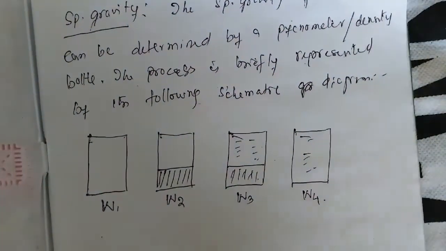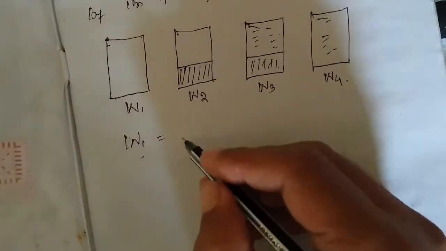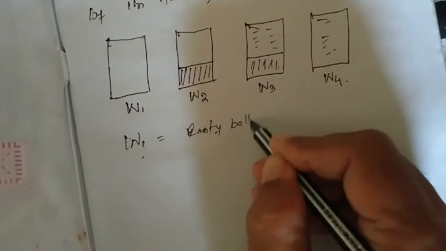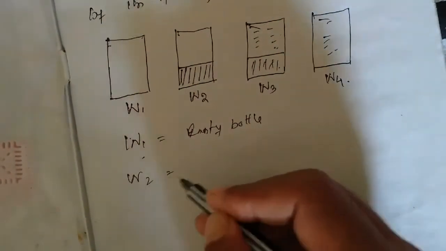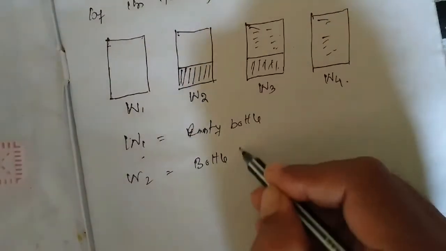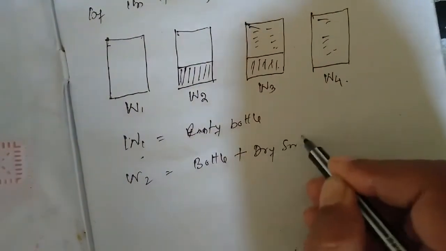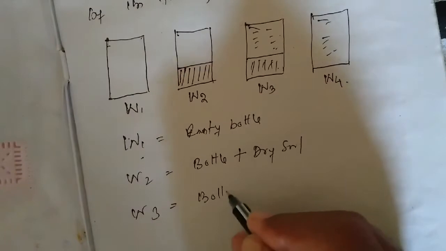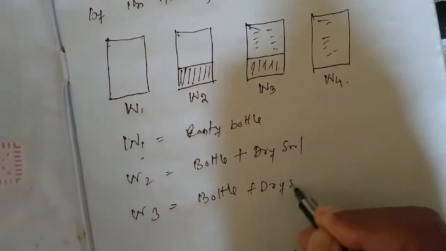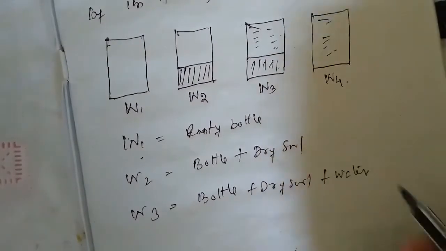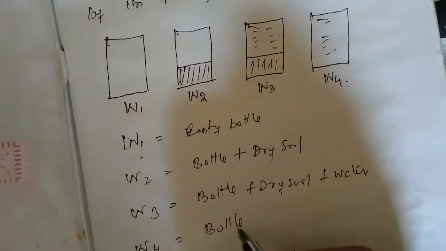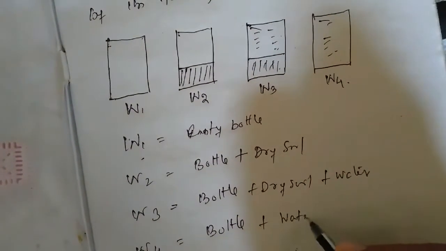Now, W1 is empty bottle, W2 is bottle plus dry soil, W3 is bottle plus dry soil plus water, W4 is bottle plus water.